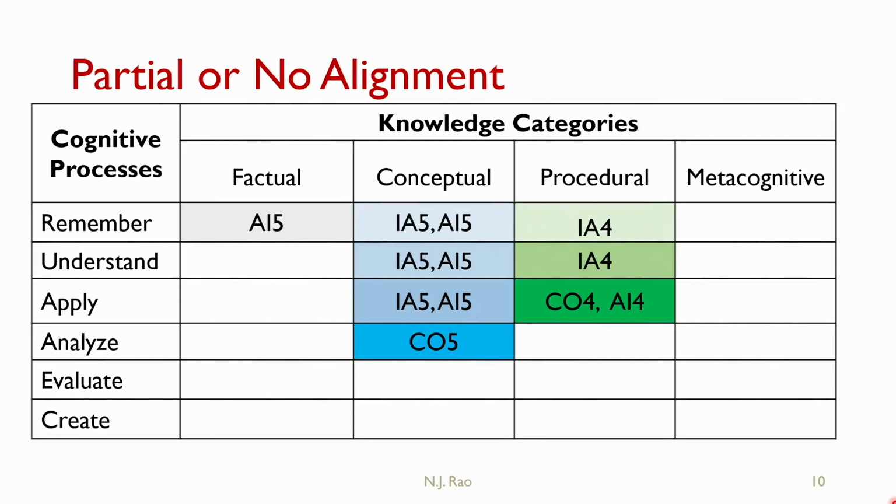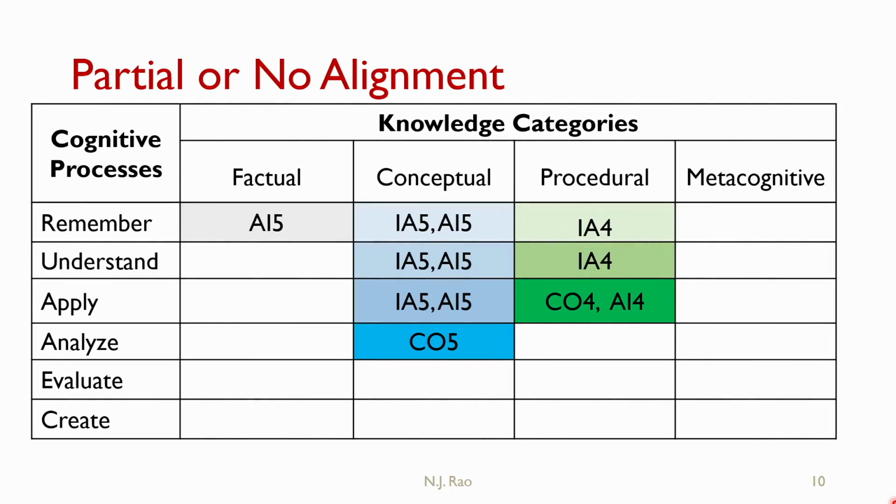I can have another situation. What do I have? I have CO5, another course outcome, that is located in 4 2, analyze conceptual. But what happens is, my assessment instrument as well as instructional activity can be any of the 3 lower cognitive levels.